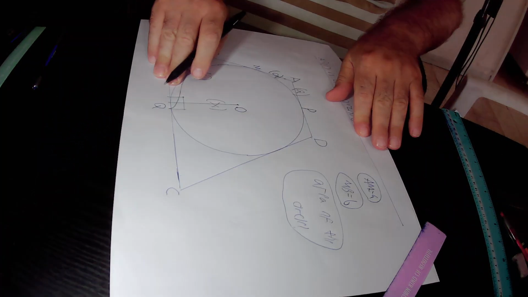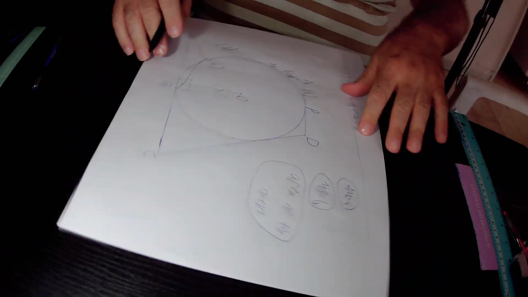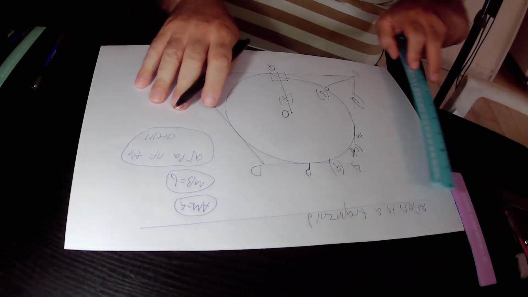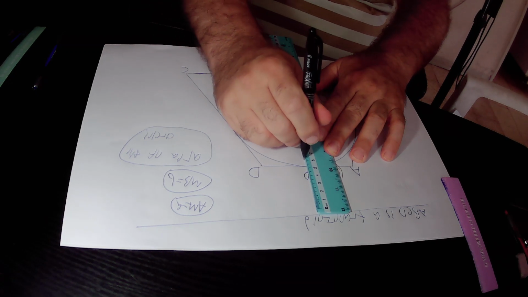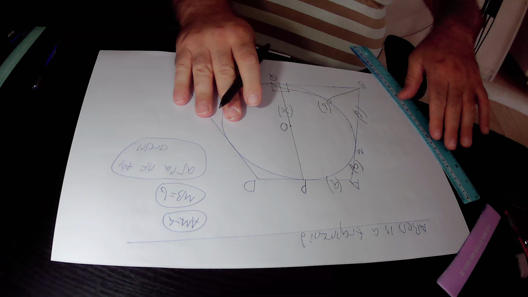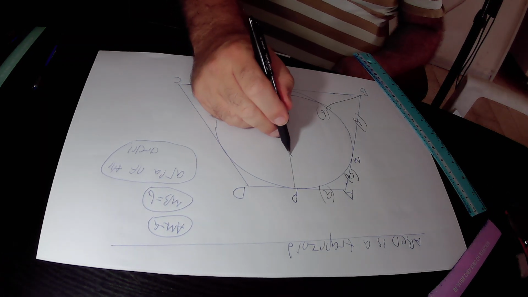Likewise, we join points O and P together by a straight line. OP is of course the radius of this circle, that is equal to x, so OP equals x.